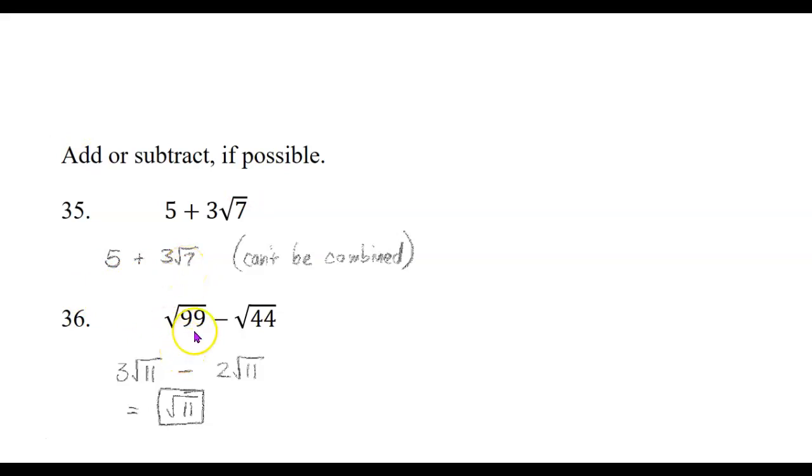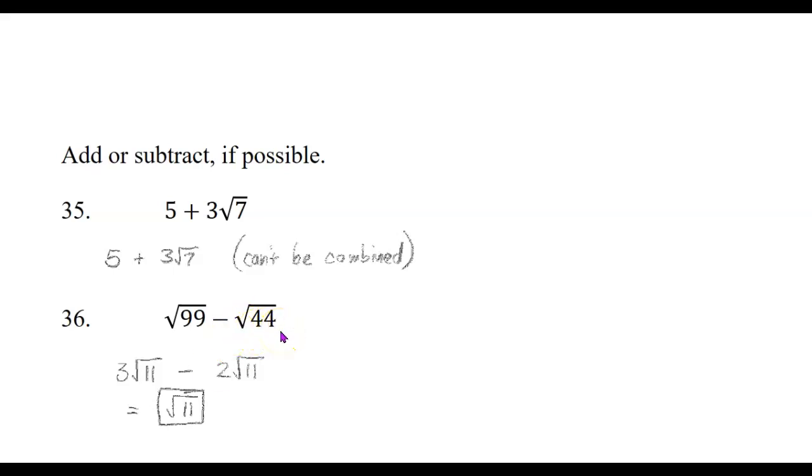Number 36, the square root of 99 minus the square root of 44. Now to start with, we can simplify each one of those individually. 99 factors into 9 times 11. So the square root of 99 would be the square root of 9, which is 3, times the square root of 11, which is just the square root of 11.